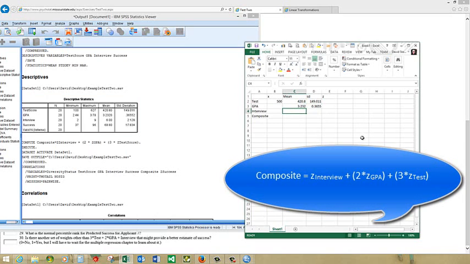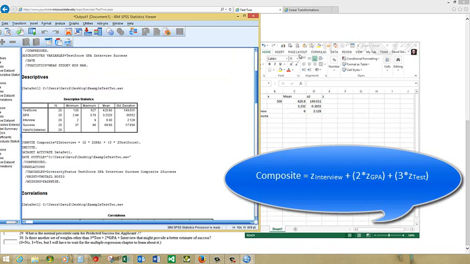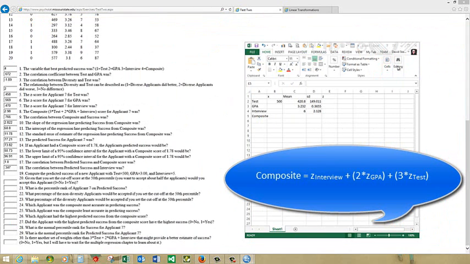And the interview has a mean of 6, and the standard deviation is 2.128. Now we don't need these anymore. Put these back over in the other place. And the GPA was 3. And the interview was 5.